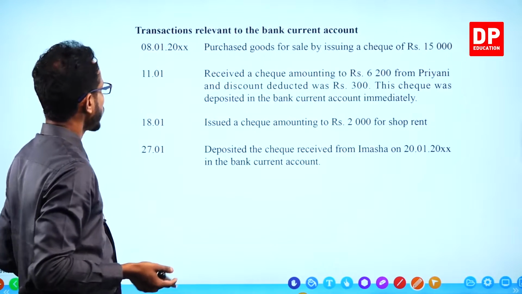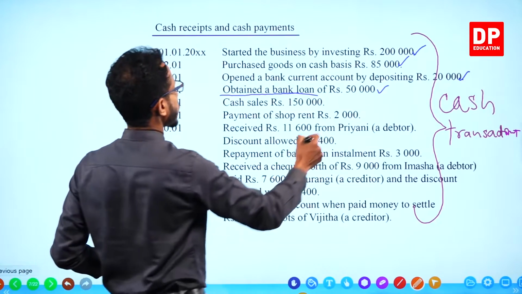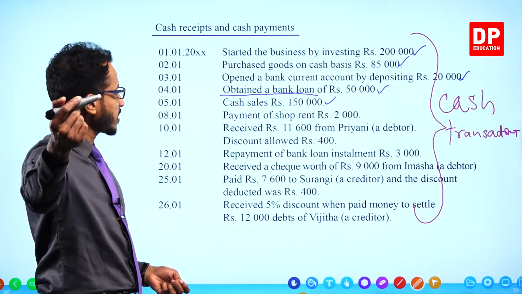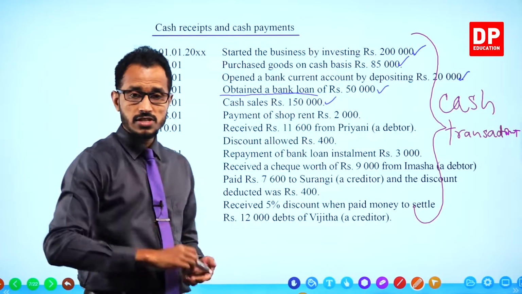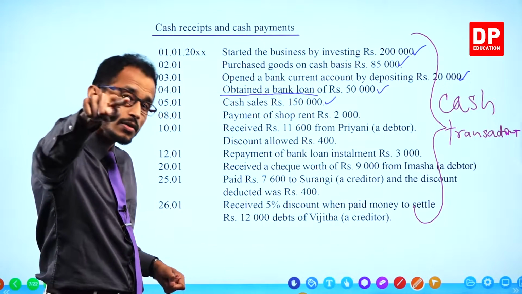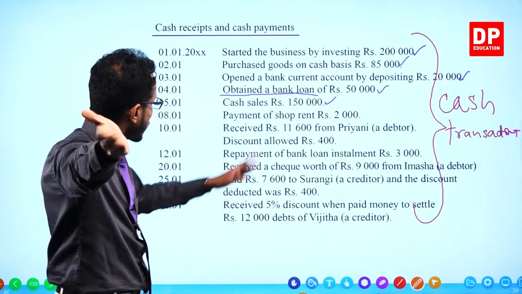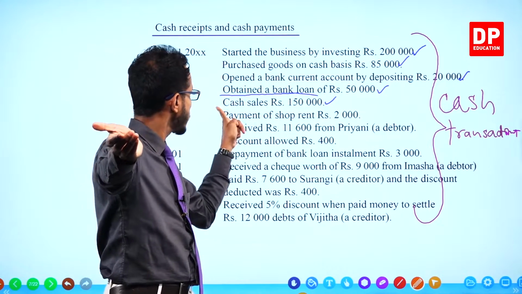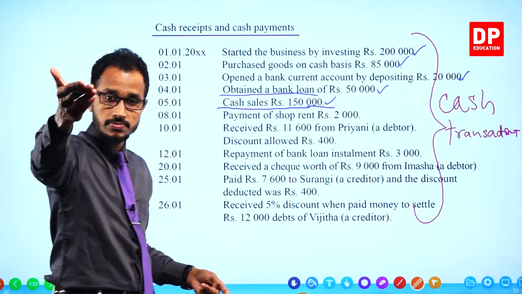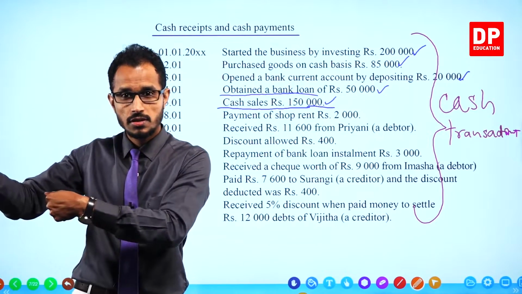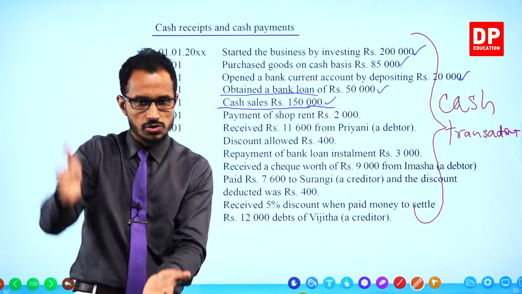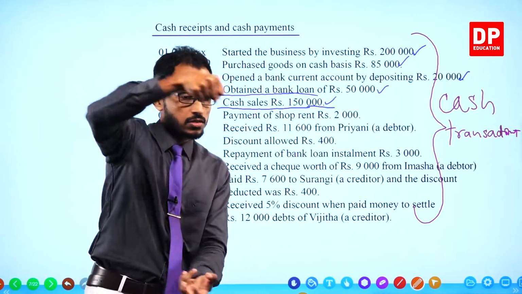What else we have? We have cash sales. Tell me the double entry. Cash sales, 150,000. Cash goes out? No. Cash comes in because we are selling goods to customers.